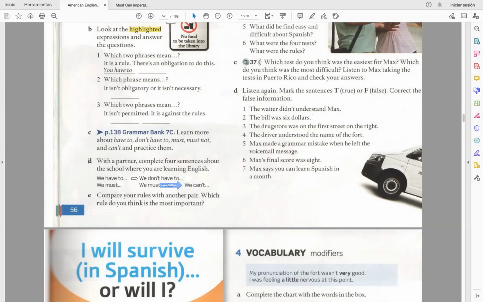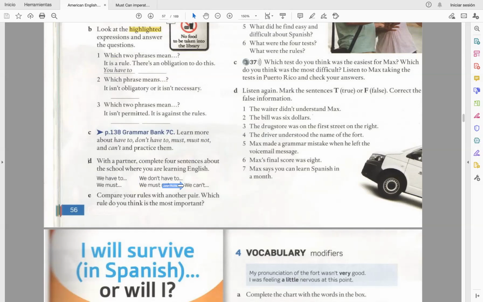What about the rules in your house? The things you can do, the things you mustn't do, the things that you don't have to do, okay? So the first 2 are for the university, and the last 3 are for the typical rules at home.